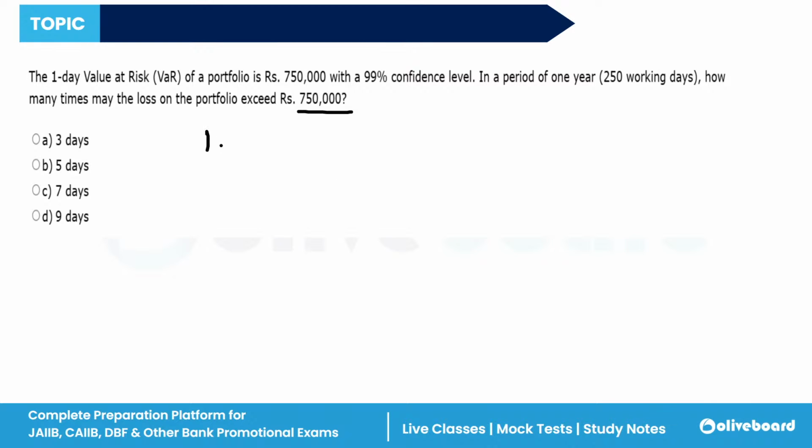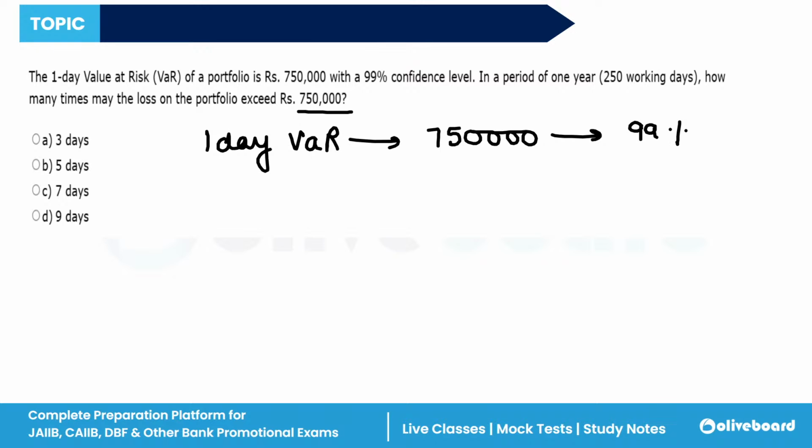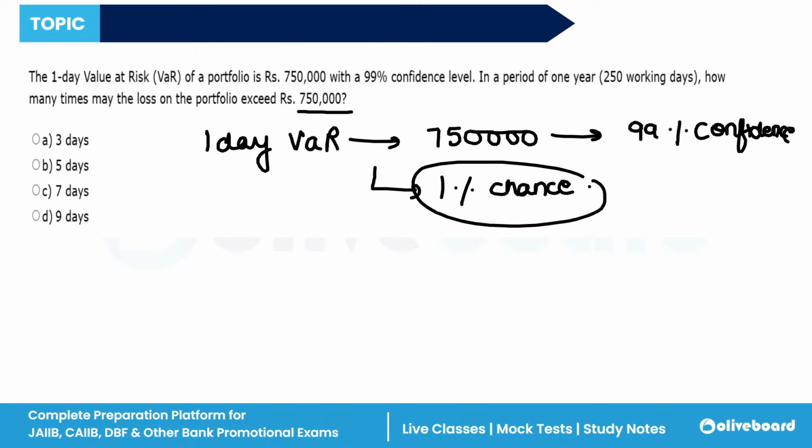See, one day value at risk is given at rupees 7,50,000 at 99% confidence, means there is only a 1% chance that the loss will exceed this rupees 7,50,000 on any given day. Total days are given 250. Probability of loss is 1%, which is 0.01.